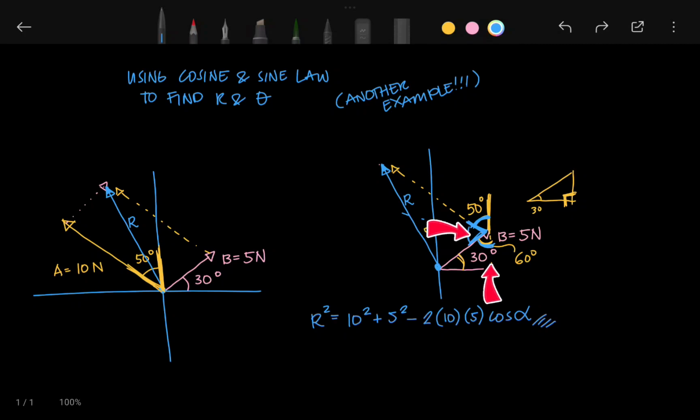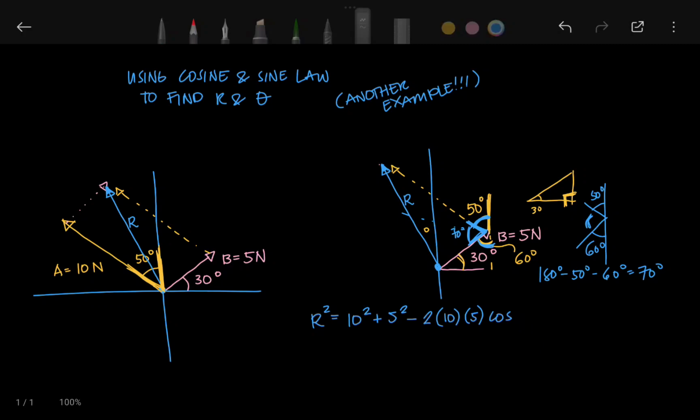The two of them and this little angle we are looking for all form 180 degrees because it is a straight angle. So 50 and then 60, 180 minus 50 minus 60 equals, I think that's 70. Wait. 180 minus 50 minus 60. Yep, it's 70. So this angle over here is 70 degrees. So let's get rid of alpha and write 70 degrees.